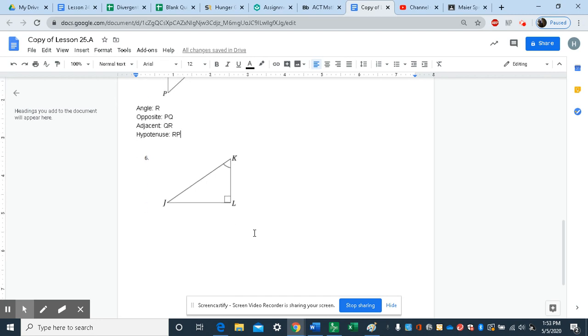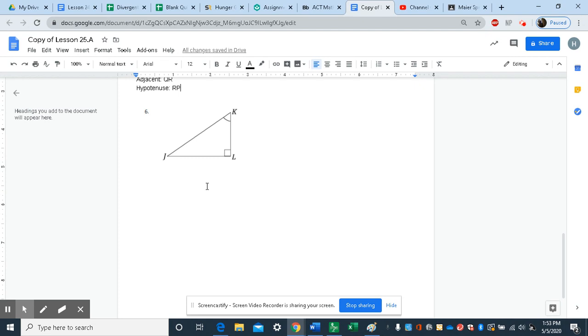Now we come down to example 6. Again, we're doing the same thing. We need to identify our angle. In this case, it's angle K. Angle K is the angle we're basing all of these off of. Now we need to find our opposite, adjacent, and hypotenuse.